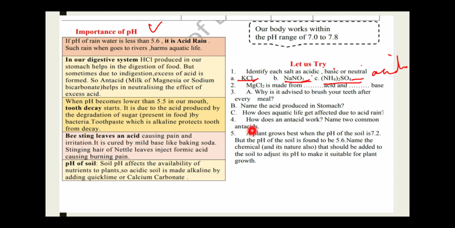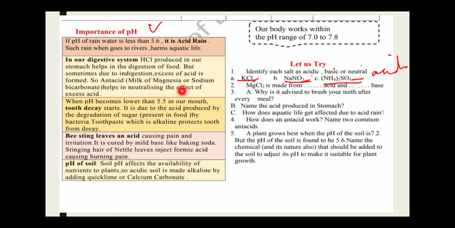So another question is, how does an antacid work? Name 2 common antacids. Antacid works by way of a neutralization reaction. By neutralization reaction, they neutralize the effect of acid, because in antacids milk of magnesia or sodium bicarbonate are present.